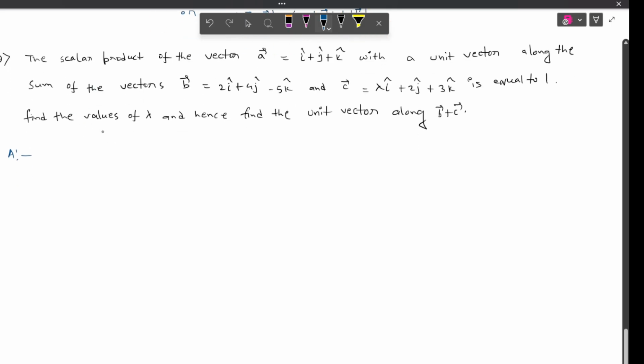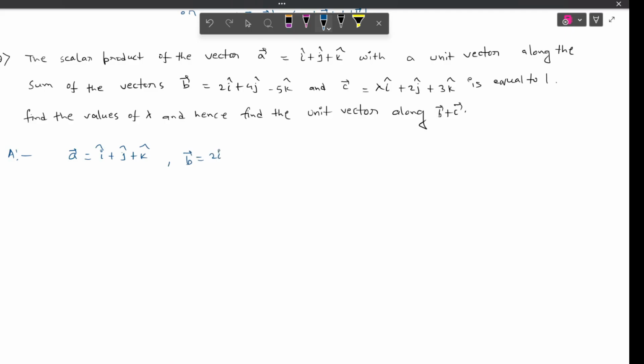See, a vector is given as I vector plus j vector plus k vector, and b vector is given as 2I cap plus 4j cap minus 5k cap. These are unit vectors. And c vector is given as lambda I cap plus 2j cap plus 3k cap.